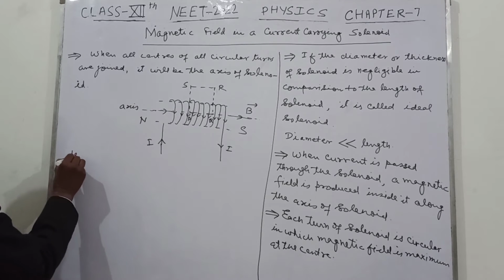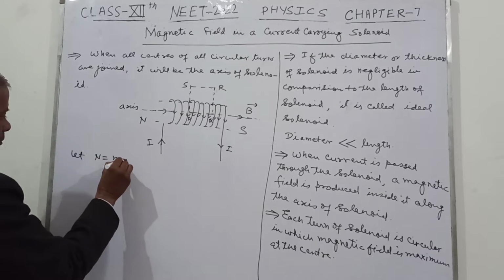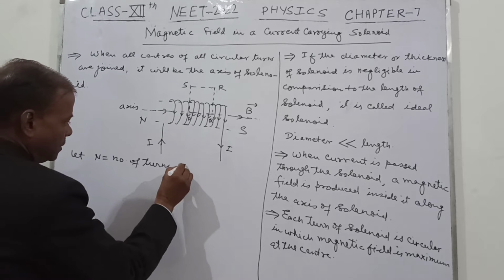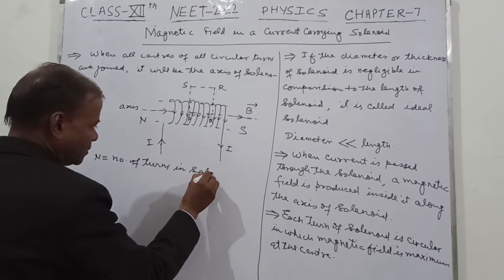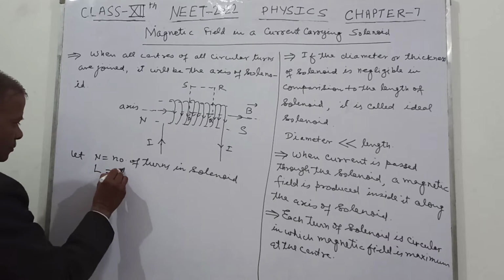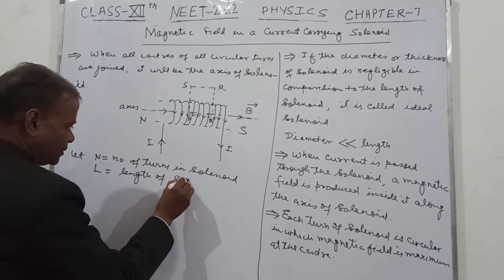Let N equal to number of turns in solenoid and L equal to length of solenoid.